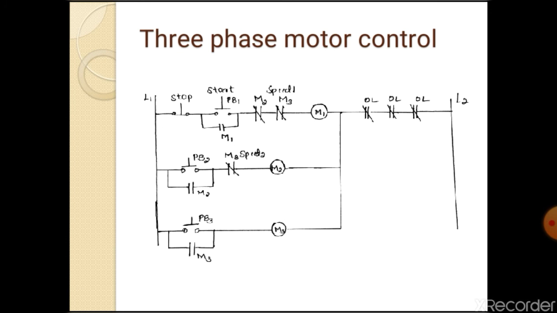The motor will run with speed 2 by making the NC M3 contact to NO. To increase the motor speed from first to second, the normally closed interlock contact identified as M3 will be closed and the coil M2 will be energized. This will break the normally closed contact identified as M2, thus dropping out coil M1 and de-energizing the contactor for speed 1. Like this, three-phase motor control works.